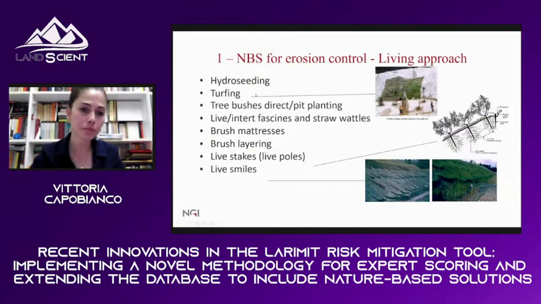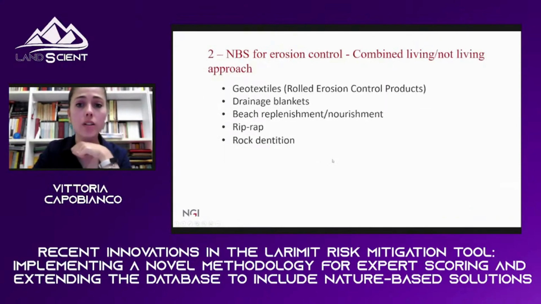So here are the mitigation measures that we introduced. For example, hydroseeding, direct planting, live fascines, or brush layering, live stakes, etc. And for the second category, we may have a combination of living material with geotextiles or drainage blankets and so on.